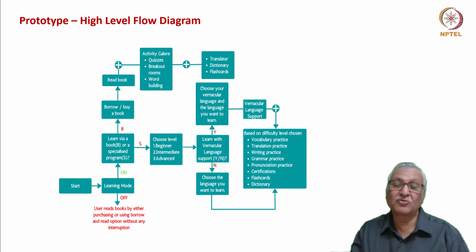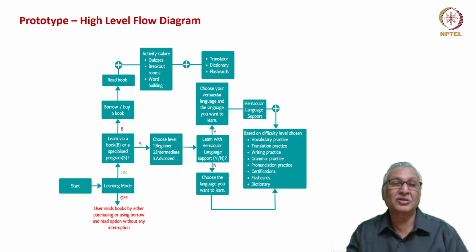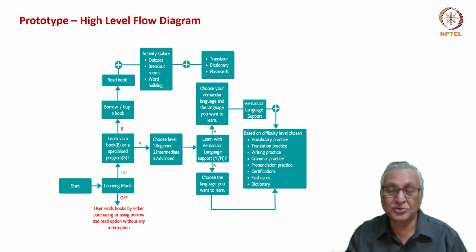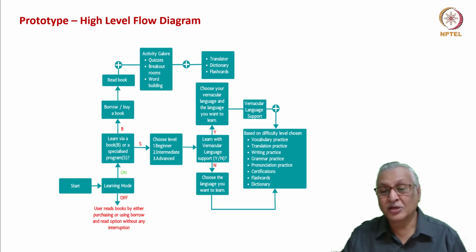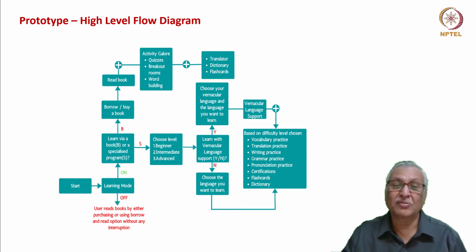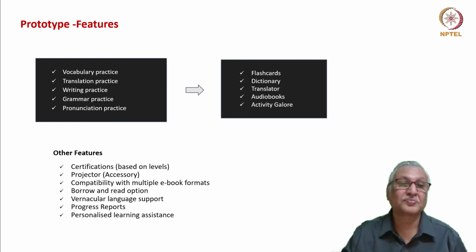And in case you don't want vernacular language support, you can choose the language you want to learn and go through all of these aspects. So this is the high-level flow diagram which takes you through different routes of online and offline, and also learning via a book and learning via a specialized program, learning via vernacular language or learning by any language.